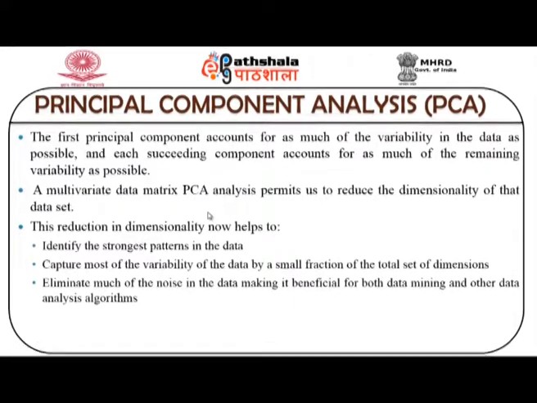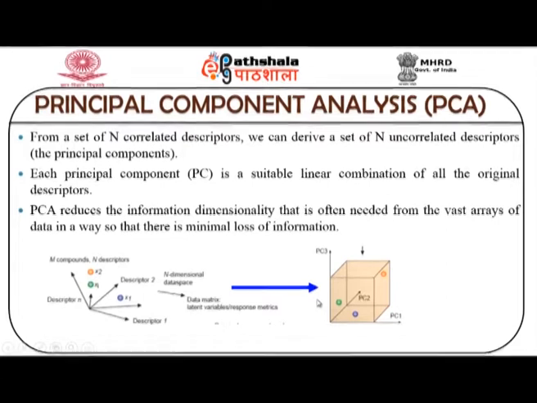This reduction in dimensionality helps us to identify the strongest patterns in the data, helps us to capture most of the variability of the data by a small fraction of the total set of dimensions, and eliminates much of the noise in the data, making it beneficial for both data mining as well as for some kinds of data analysis algorithms. So, from a set of n correlated descriptors, we can derive a set of n uncorrelated descriptors, which are called the principal components.